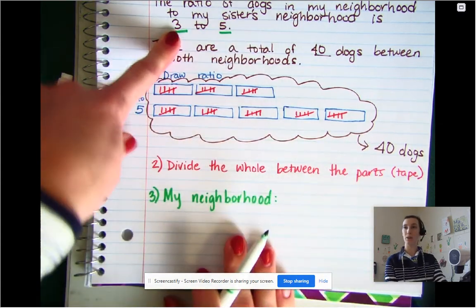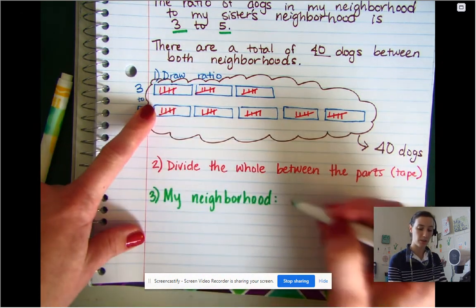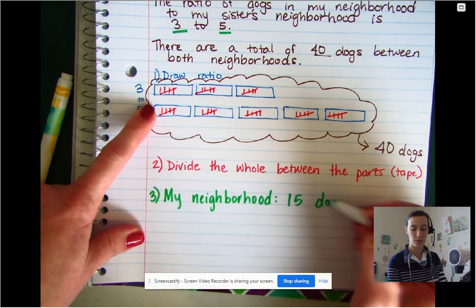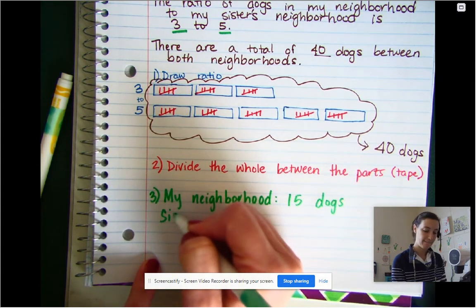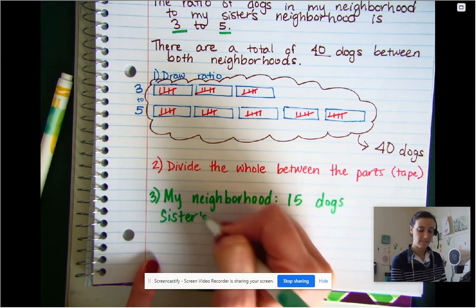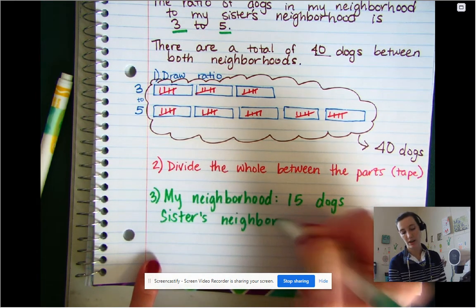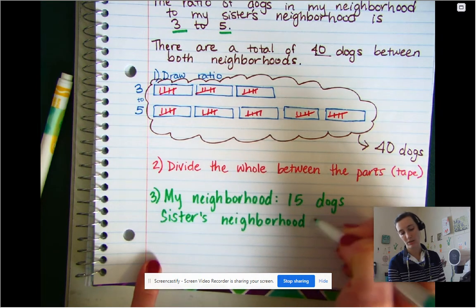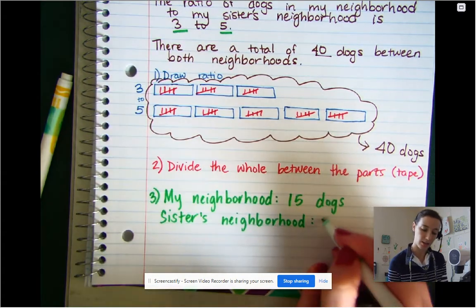My neighborhood had 3 parts, and there's 5 dogs in each part. So there are 15 dogs in my neighborhood. While I'm writing this, hopefully you can figure out how many dogs are in my sister's neighborhood. 5, 10, 15, 20, 25 dogs in her neighborhood.